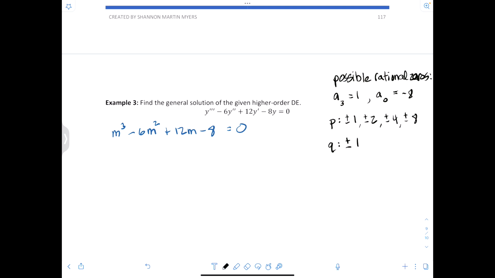The possible rational zeros will be the ratio of all of these, right? So the possible p over q are plus or minus 1 over 1, which is just plus or minus 1, plus or minus 2 over 1, plus or minus 2, and so on. So these are all the possible rational zeros.